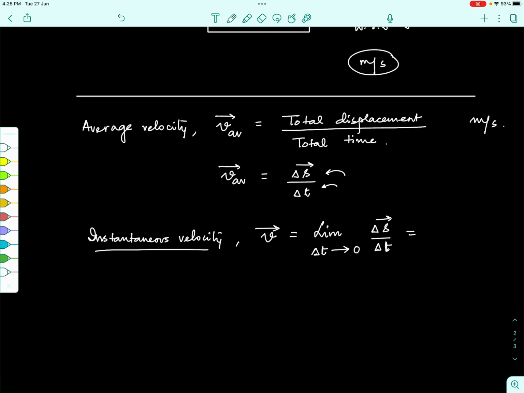When you put this limit on delta t, the very small time interval delta t becomes dt, and the corresponding small displacement will become ds.